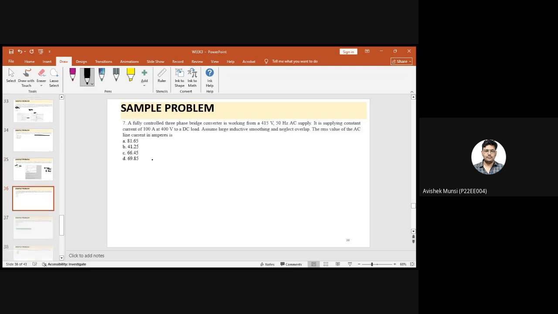The next question: the fully controlled three-phase bridge rectifier is working from 415 volt, supplying a constant current. Assume a large inductive smoothing and neglect overlap, and find the RMS current. It is similar to the problem I solved previously, so put that formula and calculate.